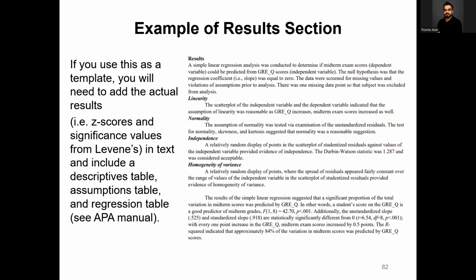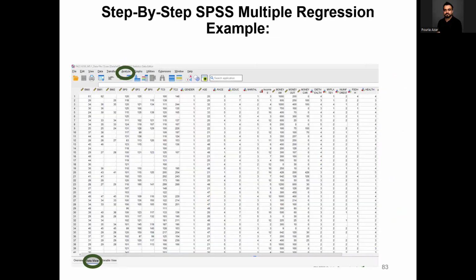Remember, just like previous assignments, you have to have a table for demographic characteristics at the beginning of the results section. So I'm gonna stop here and I'm gonna show you how to run regression analysis in SPSS.